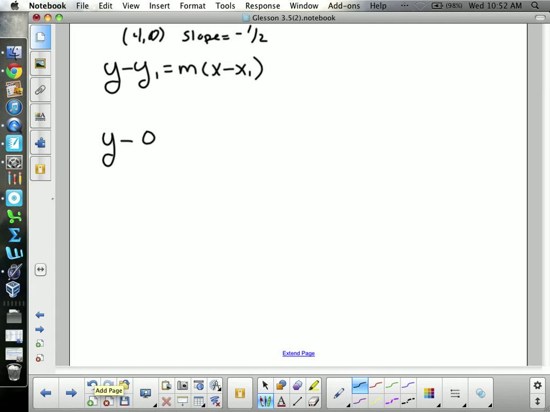Equals m. What's m going to be? -1/2, x minus 4. So y minus 0 is just y equals -1/2 x. Distributing negative times negative is a positive. Half of 4 is 2. There's my equation. We're done. One step that time. The 0 is not a problem. It works right out.